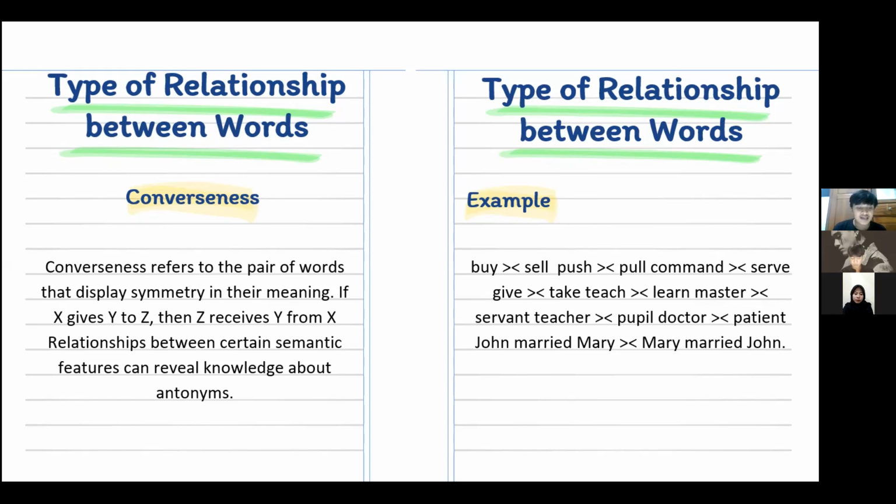In English, there are a number of ways to form antonyms, and you can add a prefix like un. For example, like can be unlike, able can be unable.